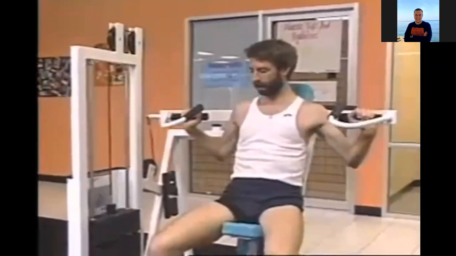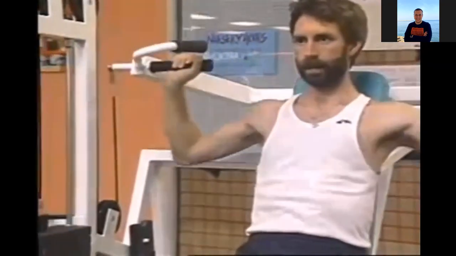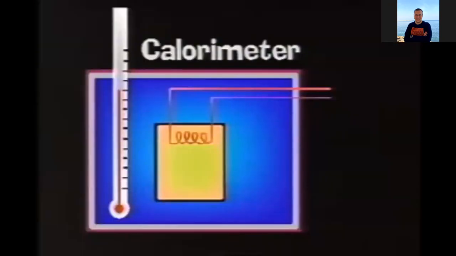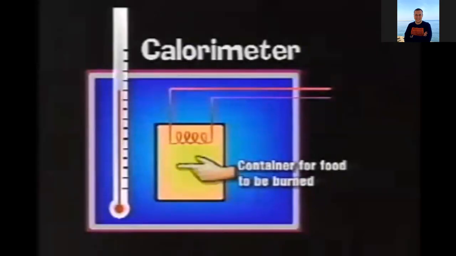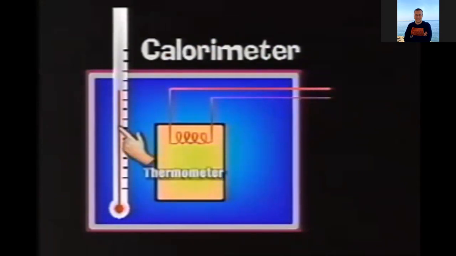The amount of energy food contains is measured in calories, and a special piece of equipment is used to determine this. A sample of the food is burned inside a sealed container which captures the heat energy released and uses it to heat a known amount of water. The temperature before and after burning the food is recorded and then used to figure out how many calories of heat energy are released by the food.